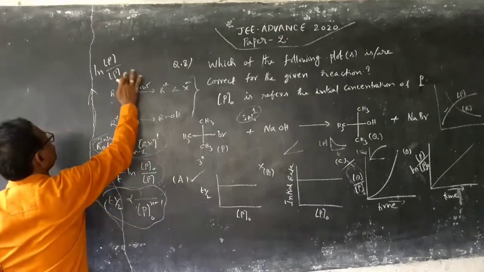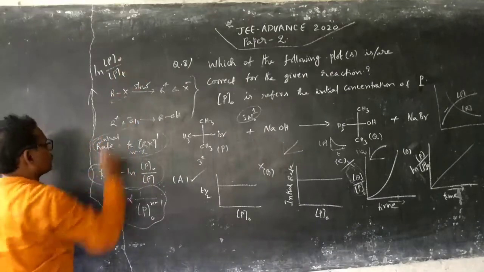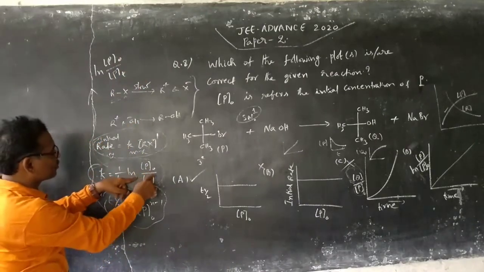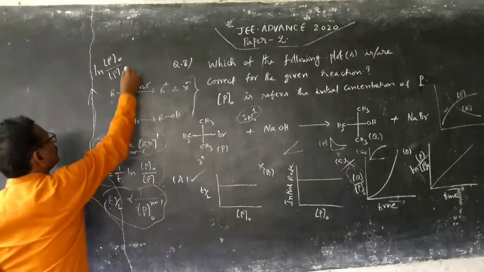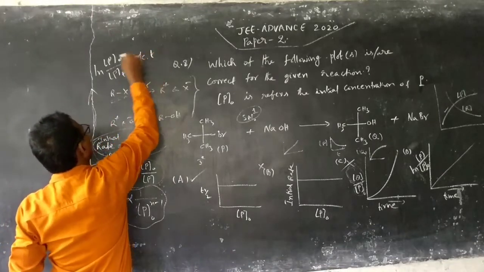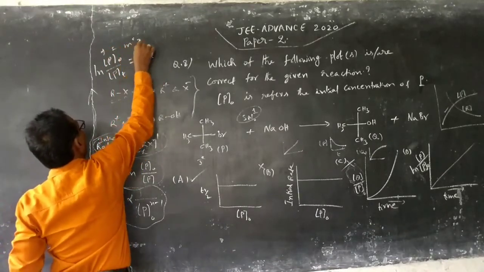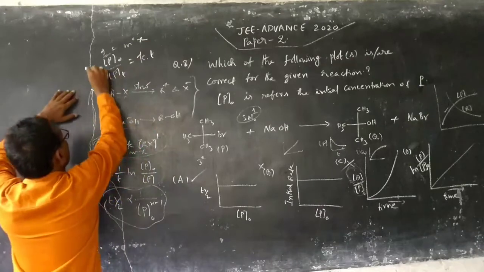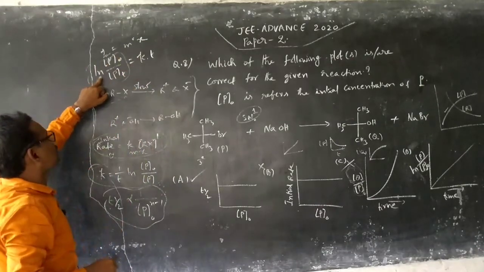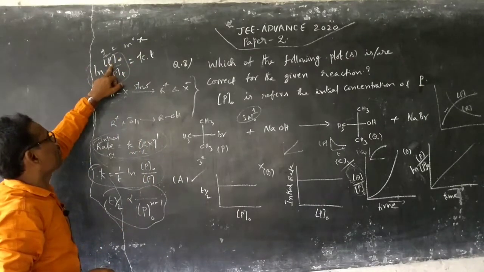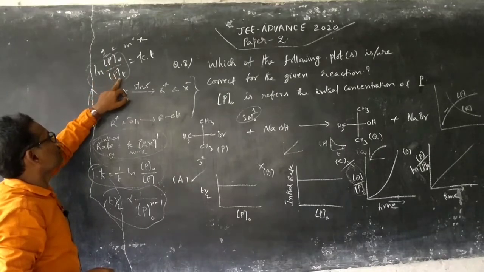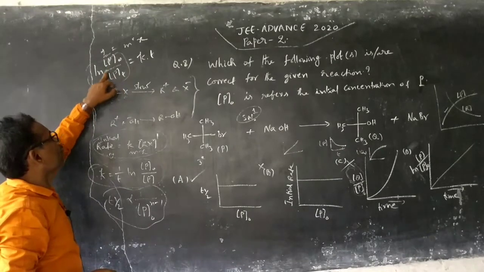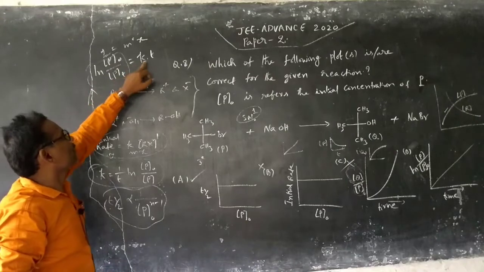So ln of initial concentration over final concentration is equal to kt. Now we can apply y is equal to mx. If you take this parameter on the y-axis, that is ln of the initial concentration of reactant to the final concentration of the reactant, ln of P naught by P is equal to kt.